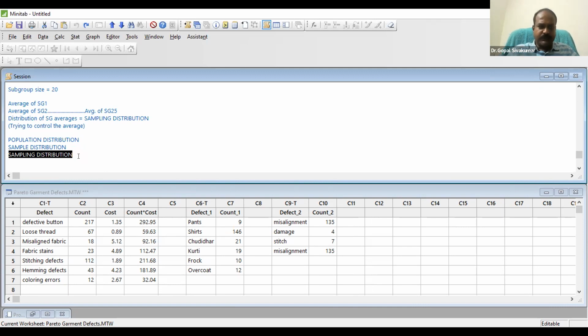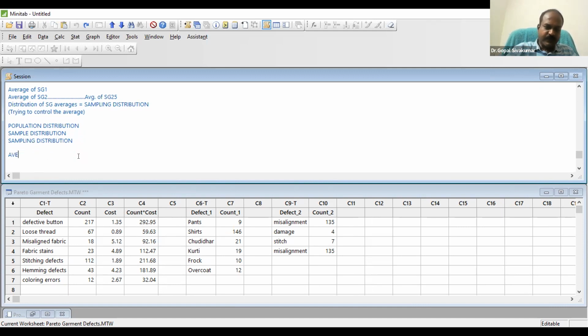Why? Because the average of the sampling distribution will converge to the population average. You understand what I'm trying to say?